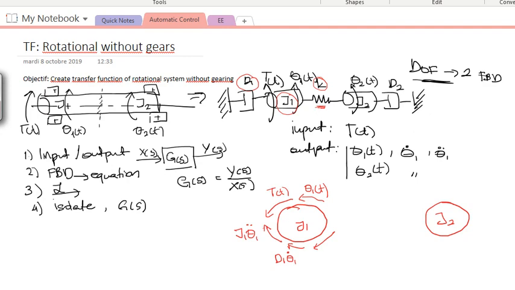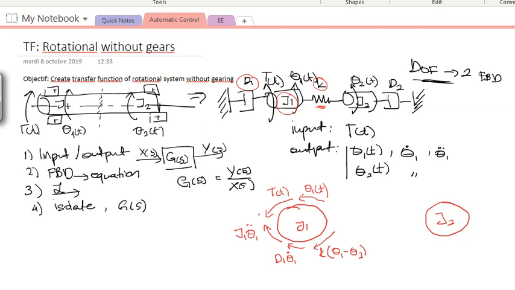The spring can create force when theta 1 moves, and the spring can also create force when theta 2 moves, right? So the force equals K multiplied by the 2 displacements. The first one is theta 1, and the second one is minus theta 2, right?